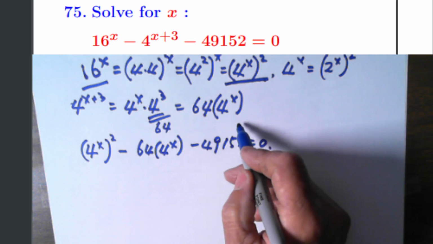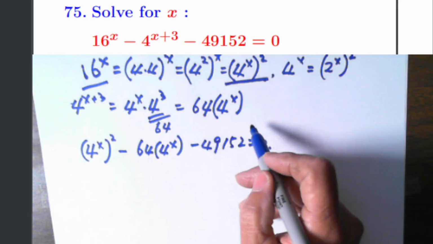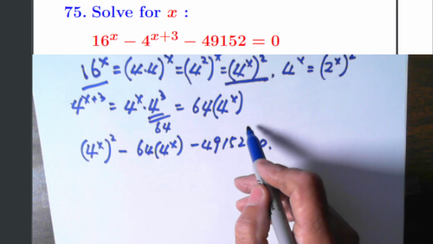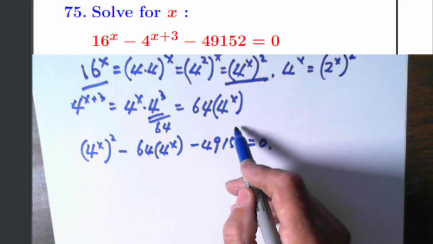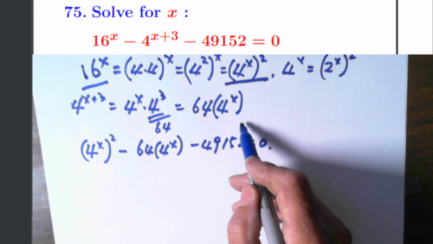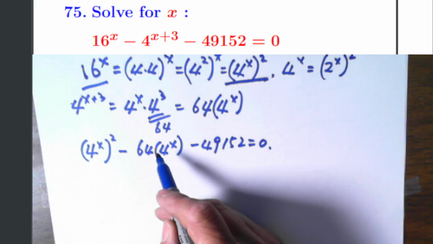Now we try to find two values such that the product of the two values equals 49,152, and the difference between the two values will be 64.